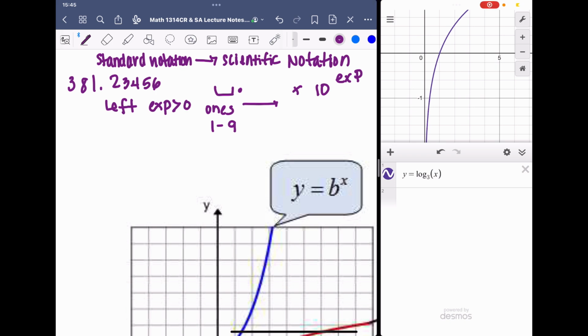When the decimal moves right, the exponent is negative.